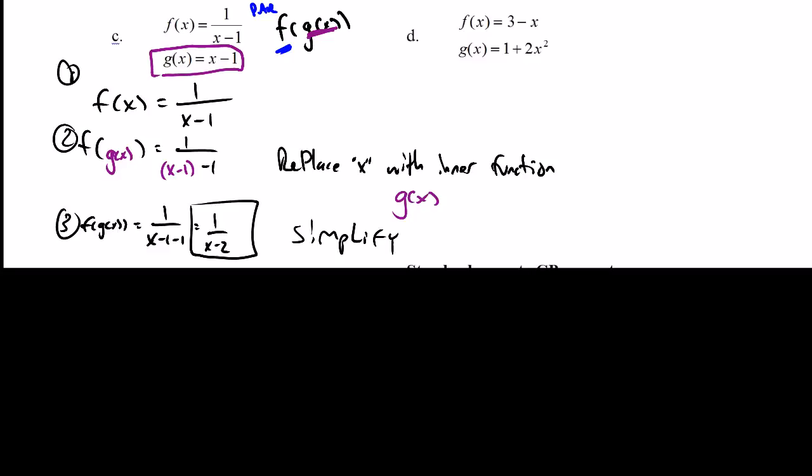So step 1, what's your parent function? Step 2, replace the x's with the inner function. Step 3, simplify. So let's do g of f of x. Step 1, what's my parent function? Well, my parent function is g this time.